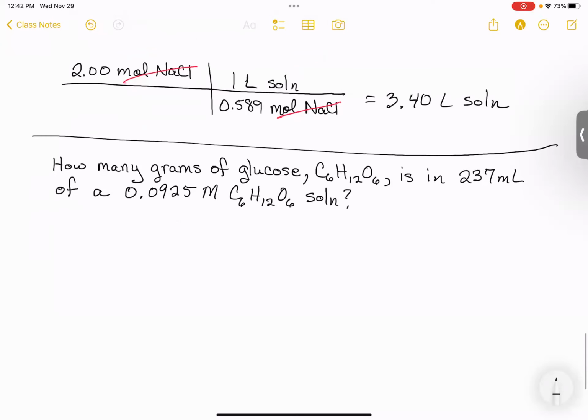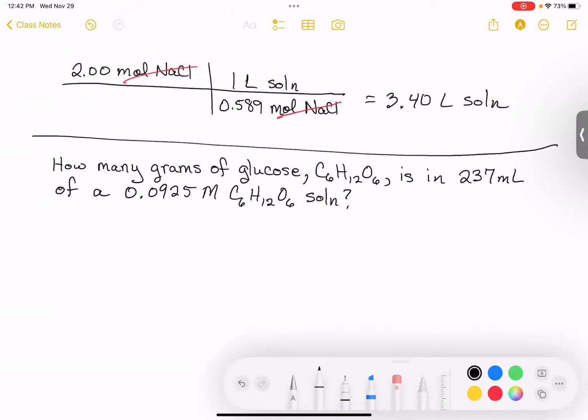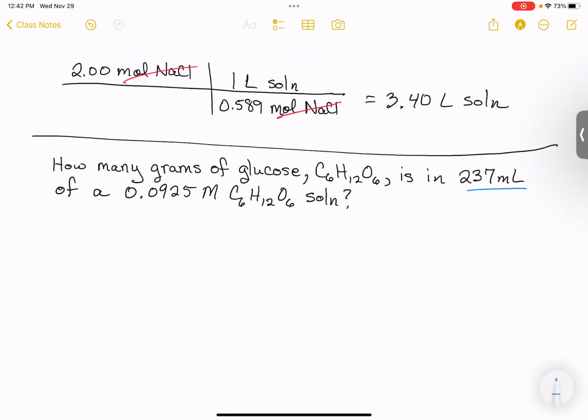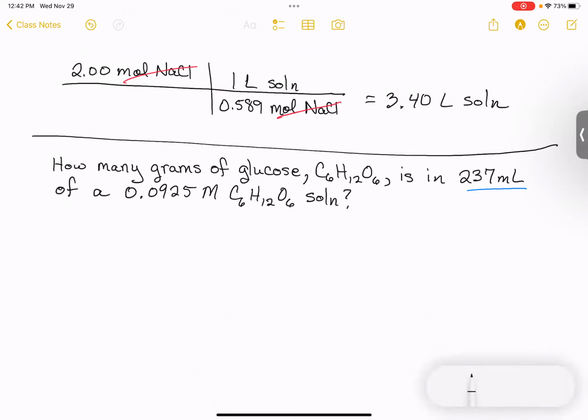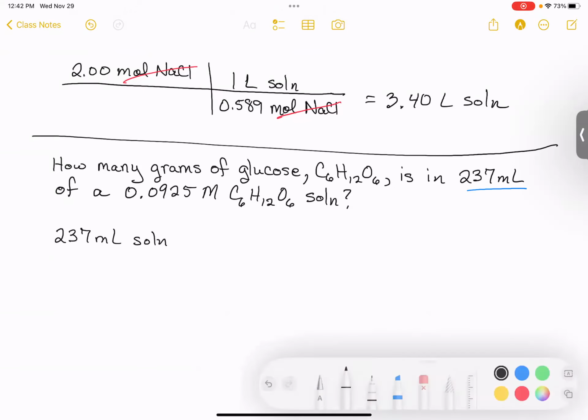Okay, so let's look at this one in the last 7 minutes. What have I been given? I have been given 237 milliliters of solution. What have I been asked to solve, or what else have I been given?